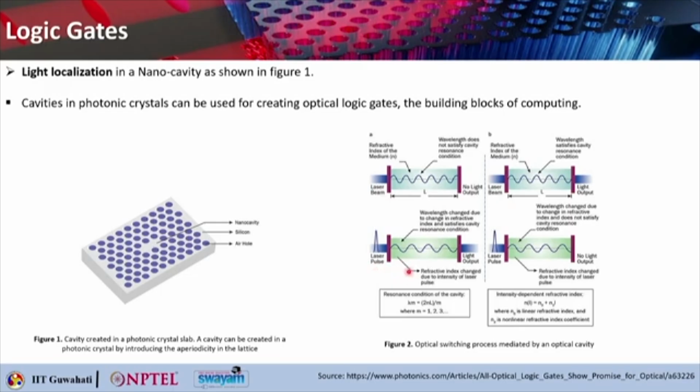It actually can change the refractive index of the medium, and now the wavelength changes due to the change in refractive index is such that it can satisfy the resonance condition of the cavity, and in that case you get a light output. So that way you can actually tune whether there is a light output or not from the cavity, depending on the input laser pulse.